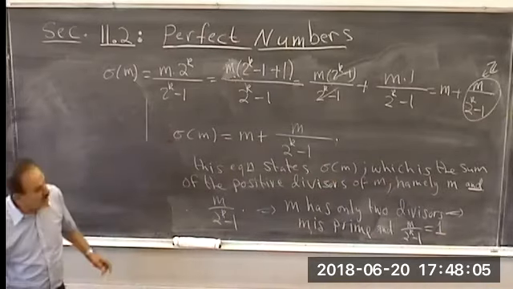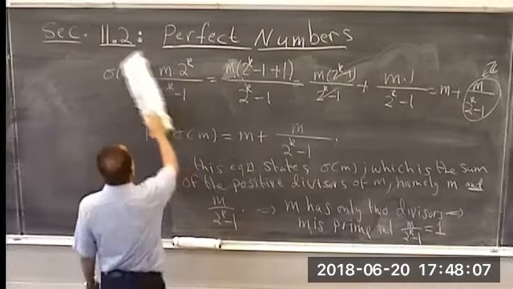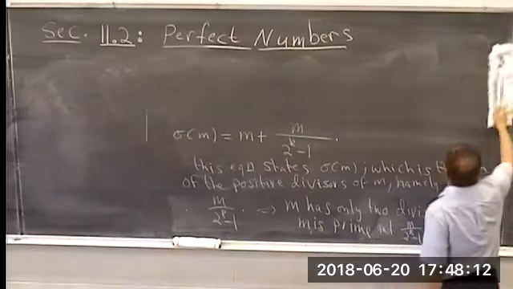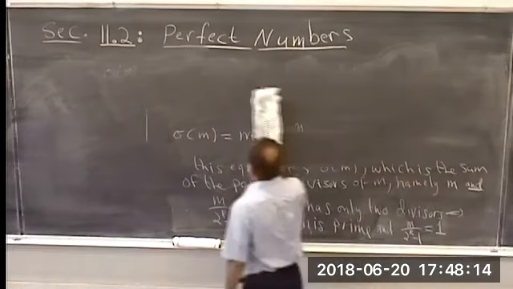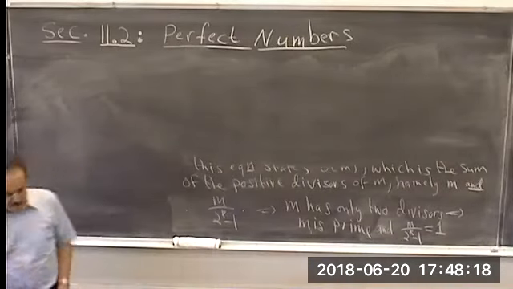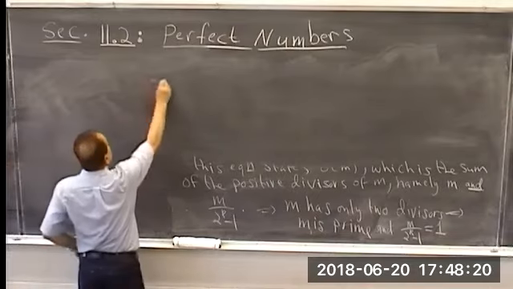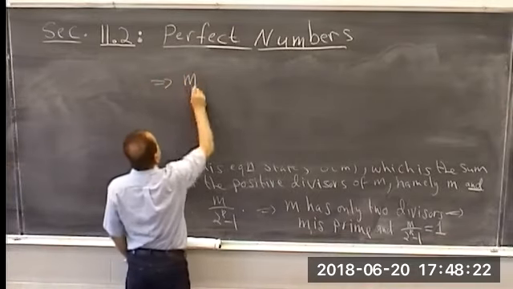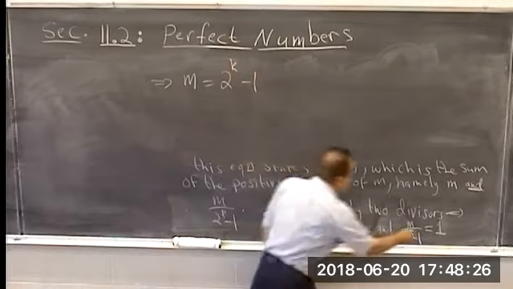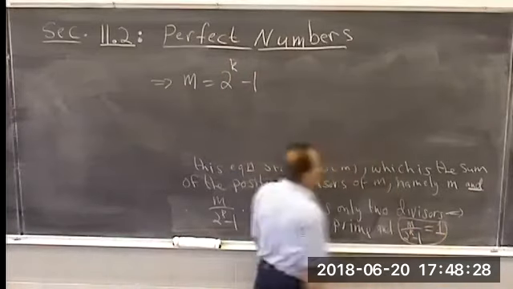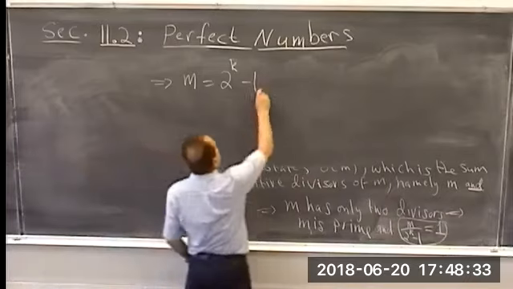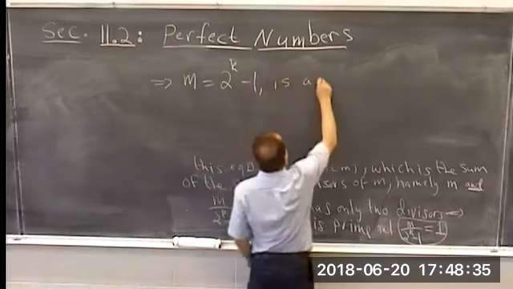Now from here we're going to conclude that the second factor in the product of n is of the correct form. So from there we conclude that m is equal to 2 to the k minus 1. From this equation, when you cross multiply, you get this, and we just showed that this is a prime.